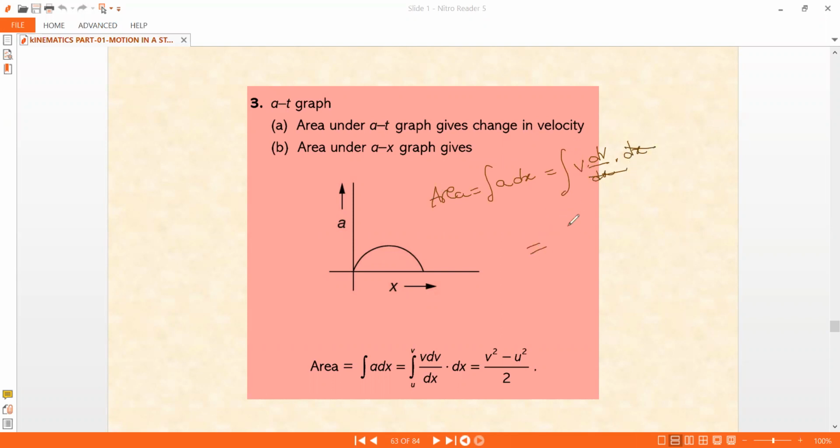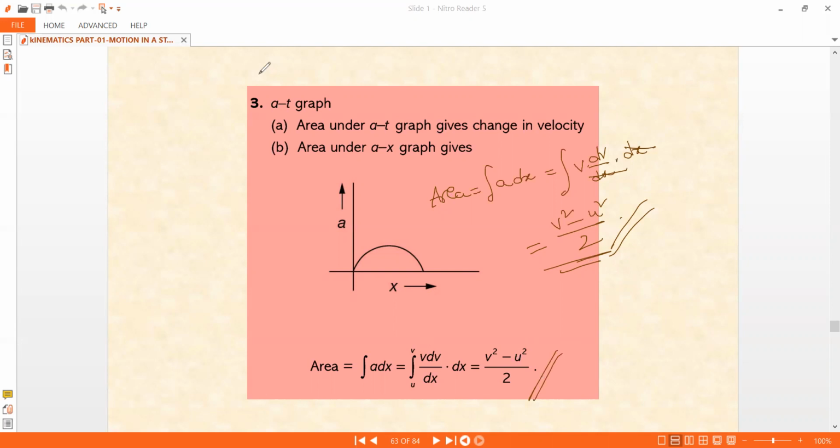The integral of v dv gives v square minus u square by 2. That is the difference of the squares of the final and initial velocities, divided by 2.